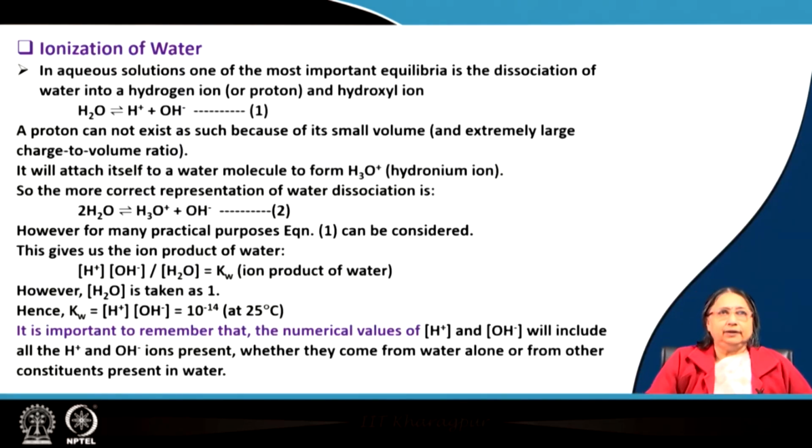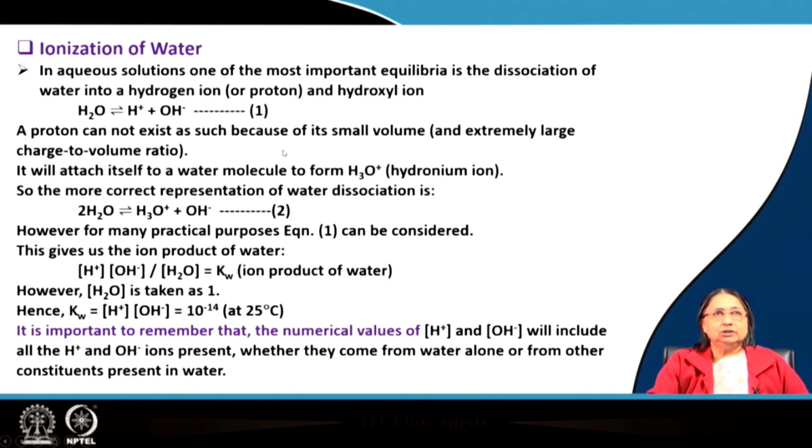Now, regarding the ionization of water, this has been explained in the acid base chapter, and here again it is written, just to recapitulate, that in aqueous solution the most important equilibrium is the dissociation of water into H plus ion and OH minus ion. We all know now that a proton cannot exist freely because it has a very small volume, so an extremely large charge to volume ratio.